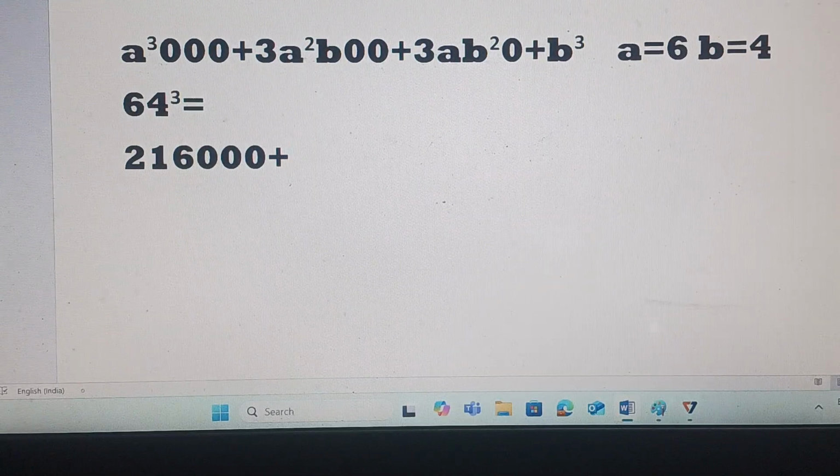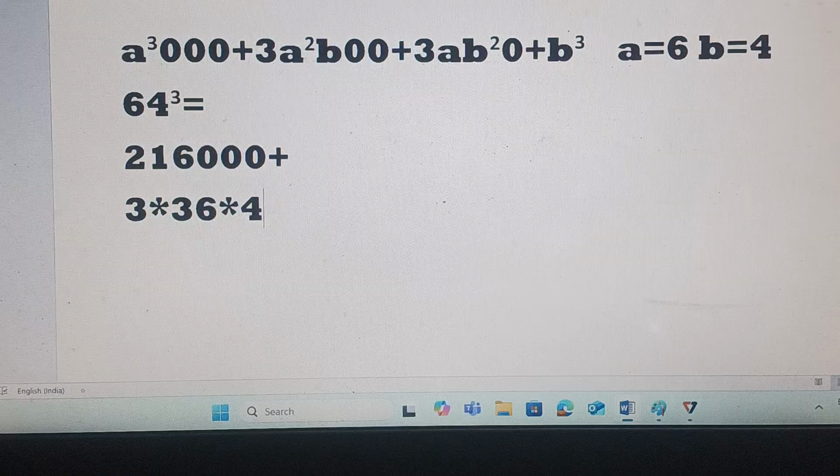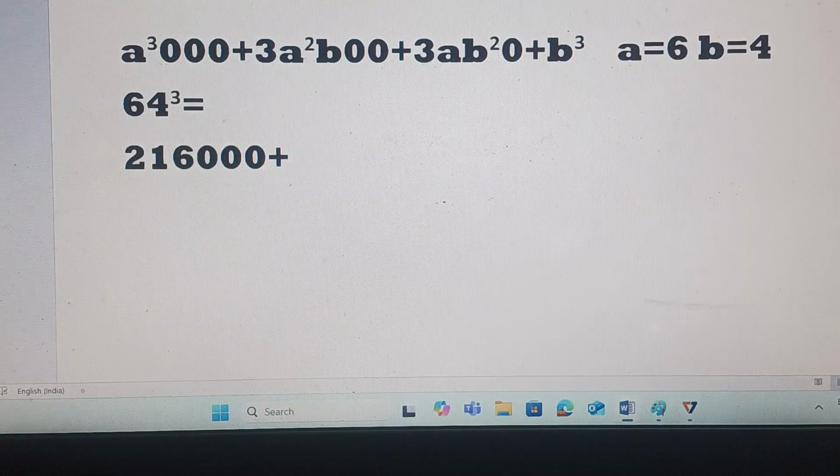Next is 3a squared b with 2 zeros after it. Now, 3 times a squared, which is 6 squared, is 36, times b, which is 4. 3 times 36 times 4 is 432 plus 2 zeros after. So we're going to write 432 and 2 zeros.